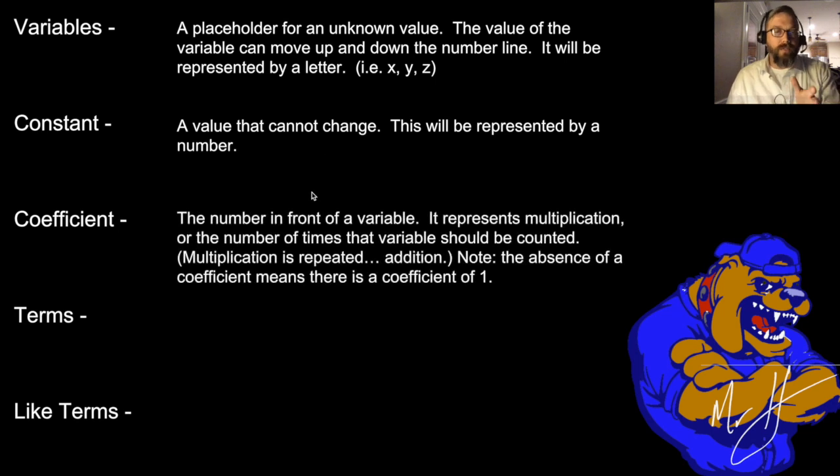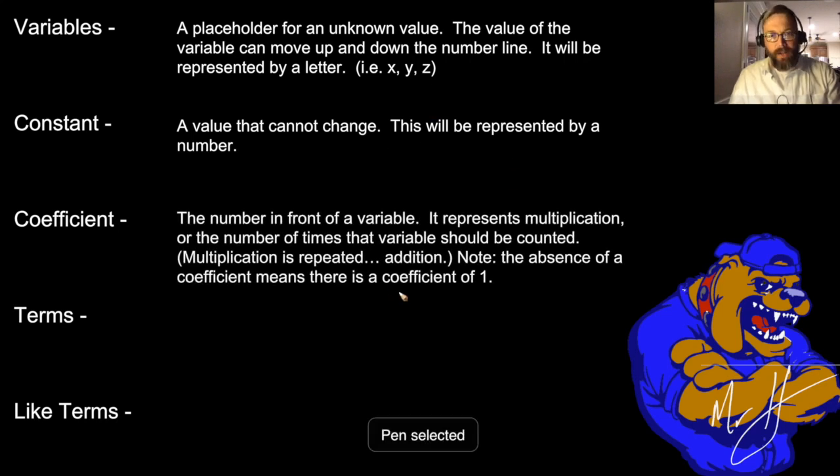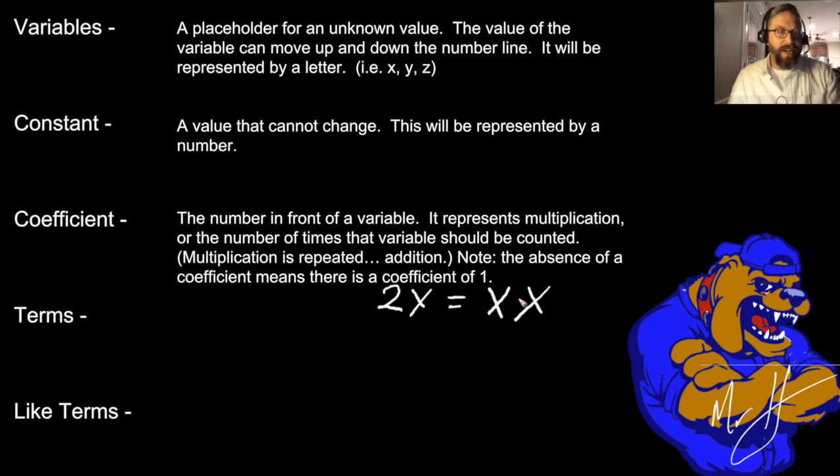Now, a coefficient, that's a new word for us, and I heard some of you guys asking about it. Maybe this is the part the book forgot to tell you, but a coefficient is nothing more than the number in front of the variable. It represents a multiplication or the number of times that a variable should be counted. For example, because we all know multiplication is repeated addition, if you were to see 2x, well, we know that that is nothing more than x plus x, because we have 2 x's.